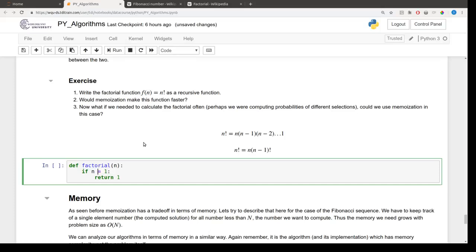And in fact, I'll make this n equals 1 or n equals 0. I'm not going to consider negative numbers because factorial has a sort of funny different definition for negative numbers. So I'm not going to be considering that here. But for positive numbers, if n is 1 or 0, then factorial returns 1.